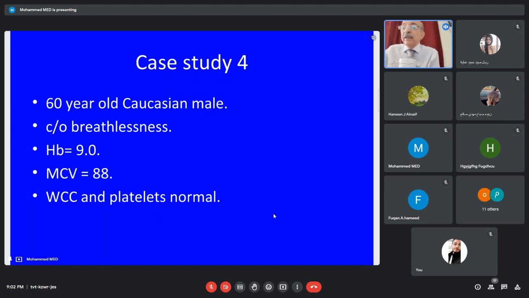The white cell and the platelet are normal, so it's probably not a bone marrow problem. I go to the MCV to see whether this is microcytic, hypochromic, or normocytic. The MCV here is 88, so this is a normocytic anemia, because the MCV is within the normal limits. Next slide, please.